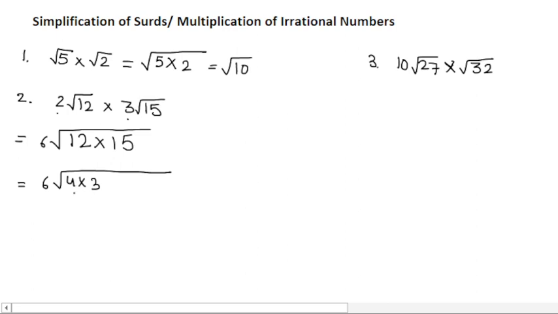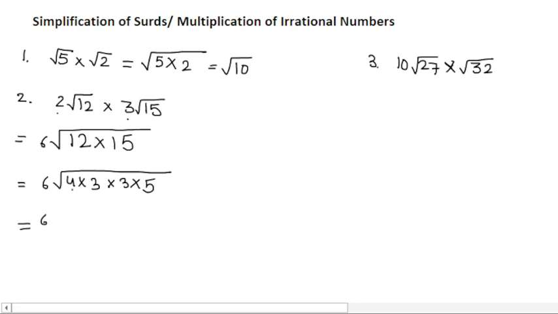This is how I wrote the factorization of 12, because 4 is a perfect square and I know that the square root of 4 is 2, which simplifies it further. However, the same does not happen with 15, because the factors of 15 are simply 3 times 5. There's no square root involved, and that's again okay. In the next step, I write 6 as it is.